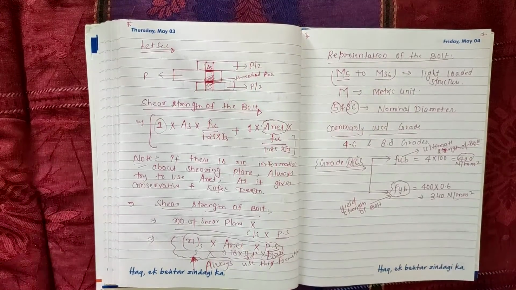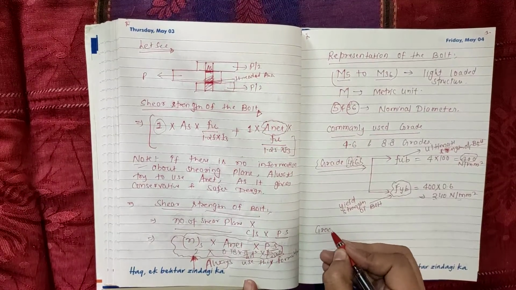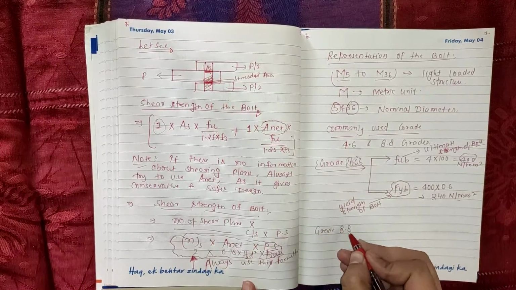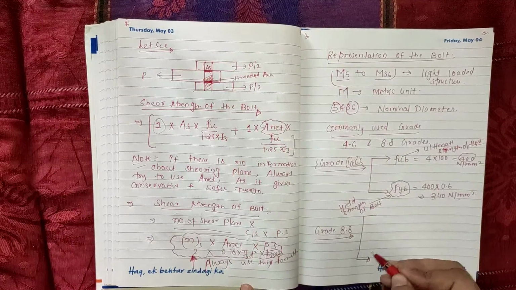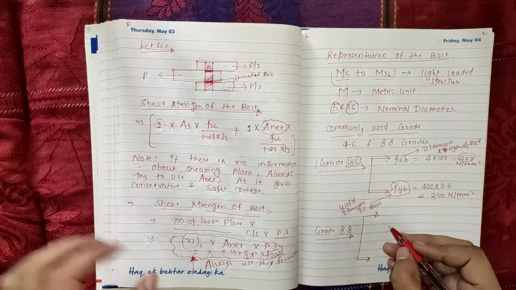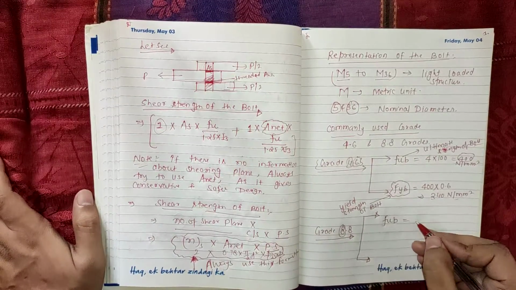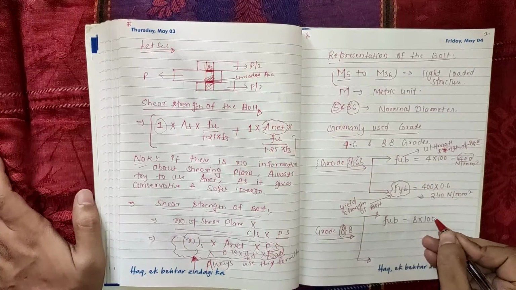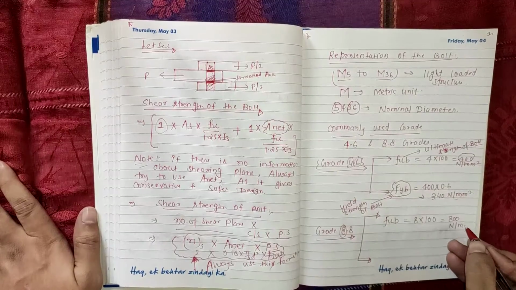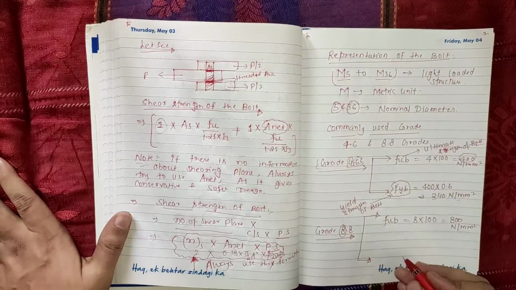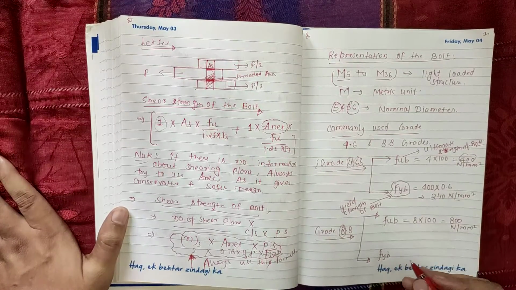Clear or not? Now similarly, if I am talking about the grade 8.8, what is the ultimate strength of the bolt? First one is 8 multiplied by 100. It is 800 Newton per mm square. And what is the FYB, or yield strength of the bolt?